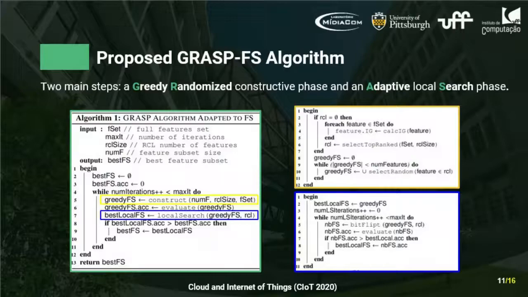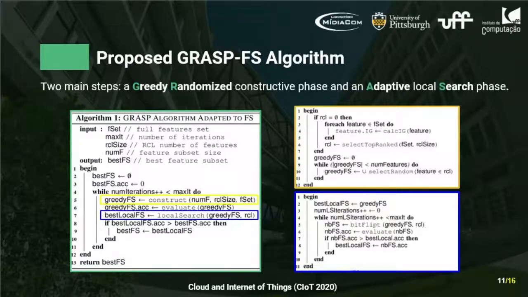Our GRASP-based feature selection algorithm is composed of 3 main steps. The first one is a greedy randomized construction phase, that is represented by the yellow box, and the second one is the local search. This phase is represented by the blue box. In the construction phase, we will rank all features based on the information gain algorithm.